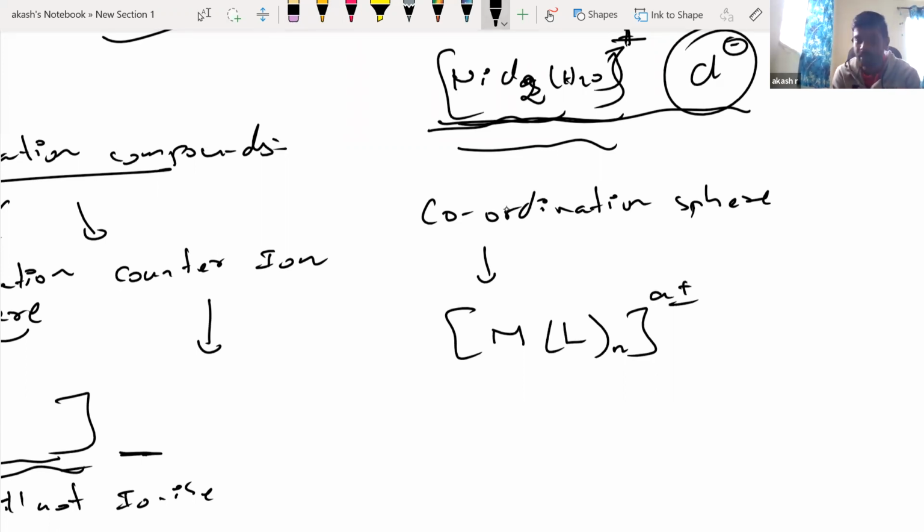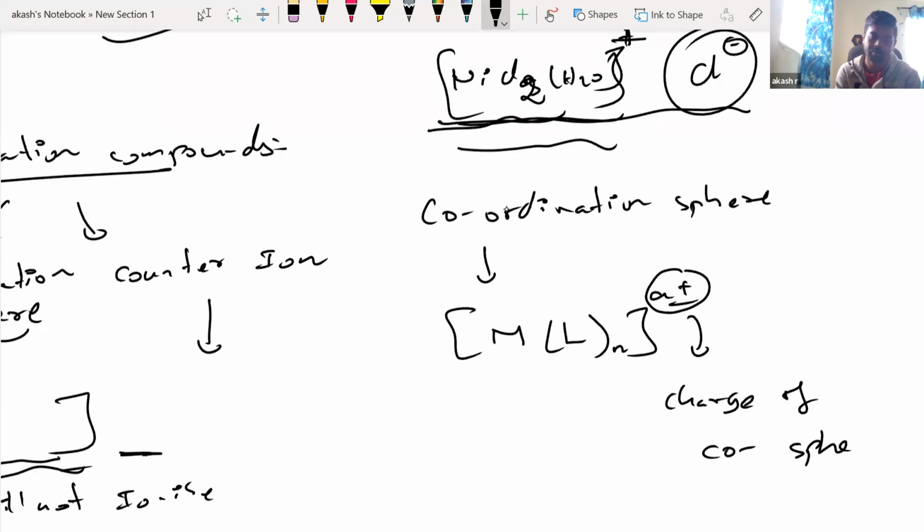This is how a general coordination sphere looks. Now we have to understand the parts of this coordination sphere. This a plus or minus can be some value of positive charge or negative charge, depending on the coordination sphere. This is what is called the charge of the coordination sphere.